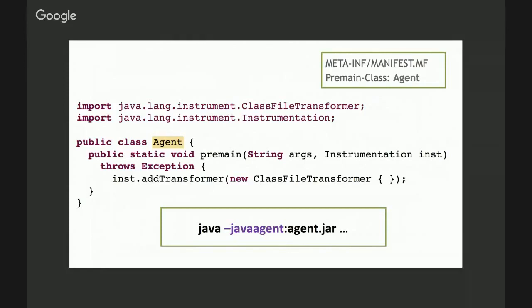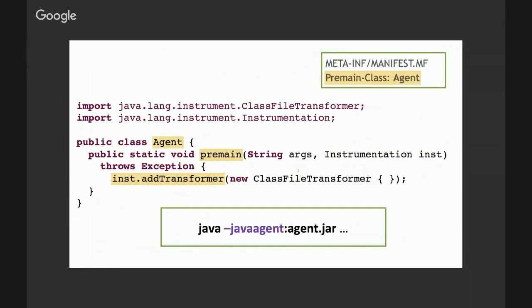All it is is a jar which contains a class, and we have a manifest in this jar. And this manifest has a pre-main class, and it points you to where a class exists which has a pre-main method. And at this point, we can call this instrumentation method called add transformer and provide our own transformer if we wanted to. This is a class file transformer.